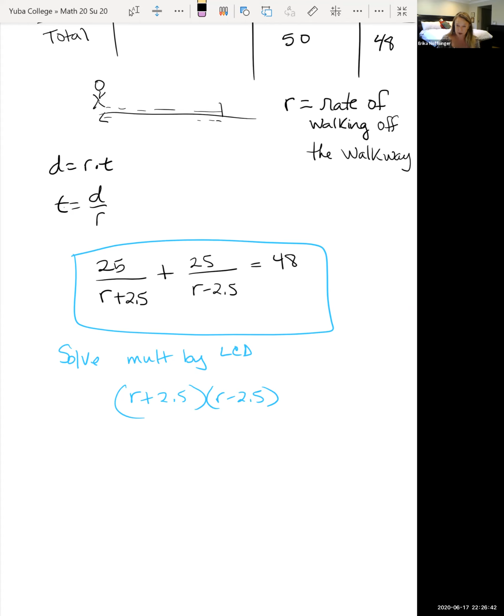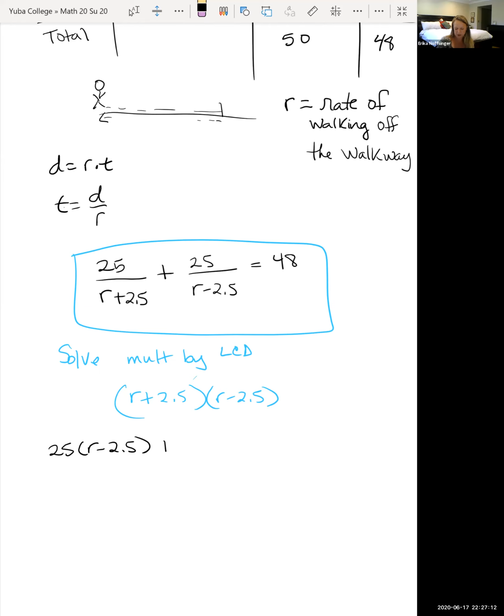Let's maybe quickly go through it. If I multiply every single term by that, my r plus 2.5 cancels in the denominator with the r plus 2.5 here, and we're left with 25 from my numerator, all times r minus 2.5.